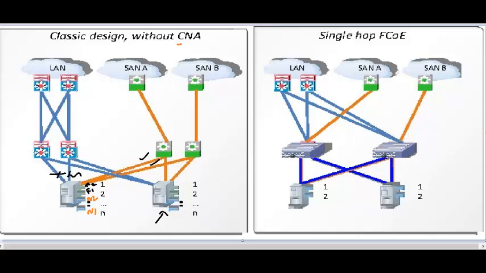One server, 4 wires. So Cisco came up with a new adapter card called the converged, meaning unified, combined network adapter. Now you have only 2 instead of 4, because this can carry FC as well as Ethernet.